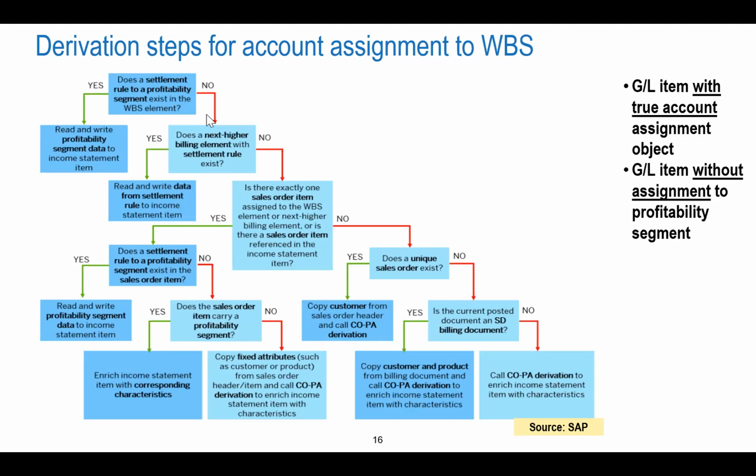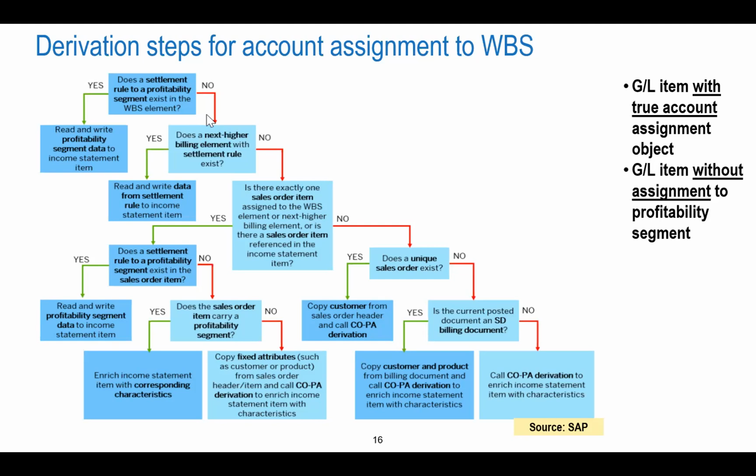If it doesn't exist, then it goes to the next higher level WBS and checks the same condition there. If it exists on that WBS, then it gets the characteristics from that WBS and posts the document. If it doesn't exist, then it goes to a higher level, looks at the sales order item, and the logic goes on for further levels.